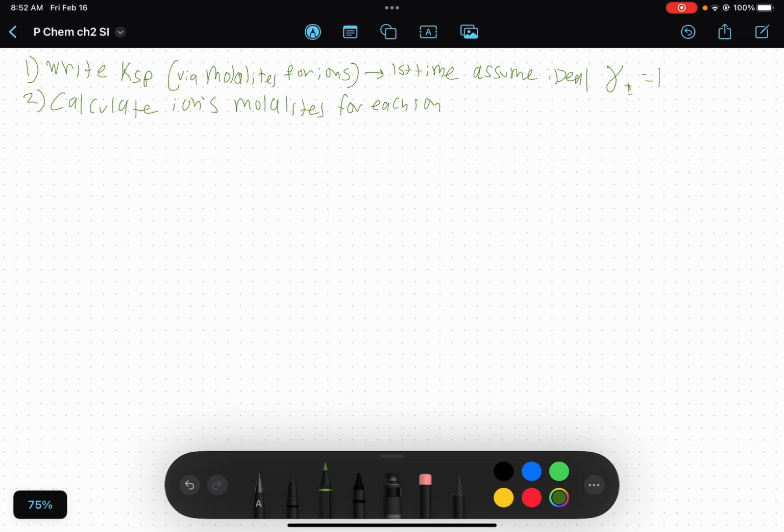After that, you calculate the ionic strength. And then you recalculate gamma. I have 1, 5. I skipped 3.